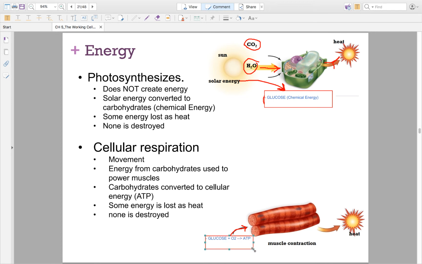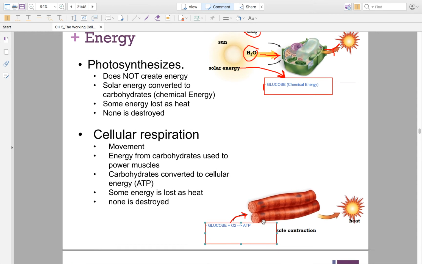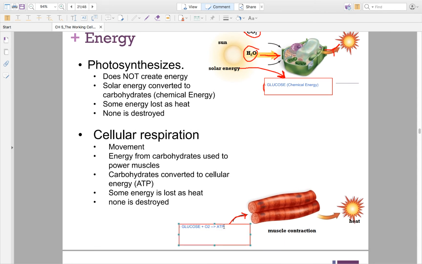And that ATP, this reaction you'll see again and again and again. Okay, that ATP, and actually let me just be very clear, they also make CO2 and H2O.